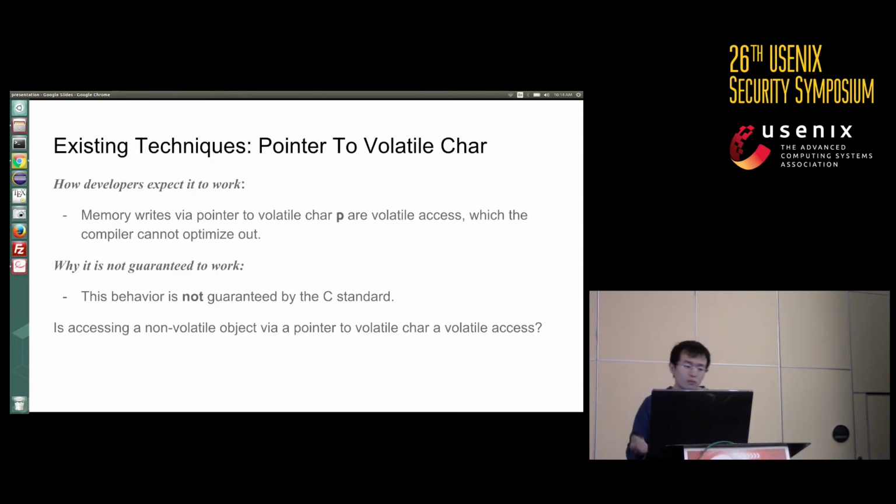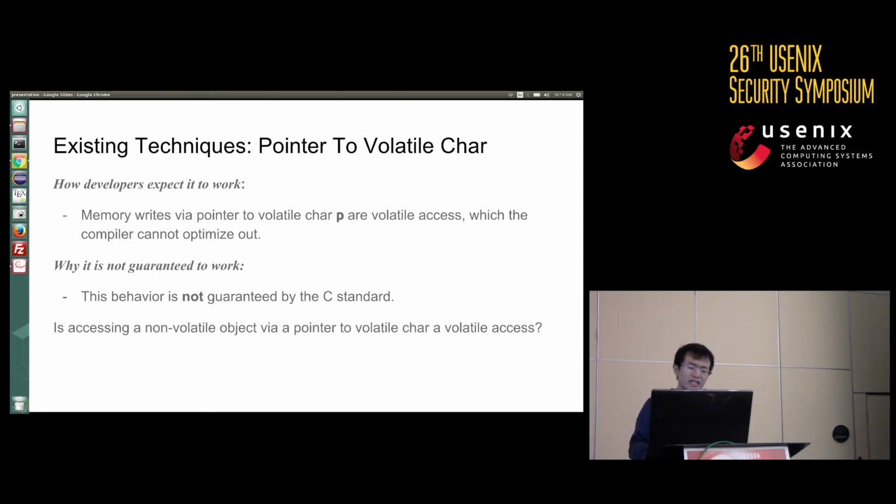Developers expect this to work because they believe memory writes via pointer P, which has a type of pointer to volatile char, are volatile accesses, which the compiler cannot optimize out. However, again, this is not guaranteed by the standard because it boils down to what constitutes a volatile access.